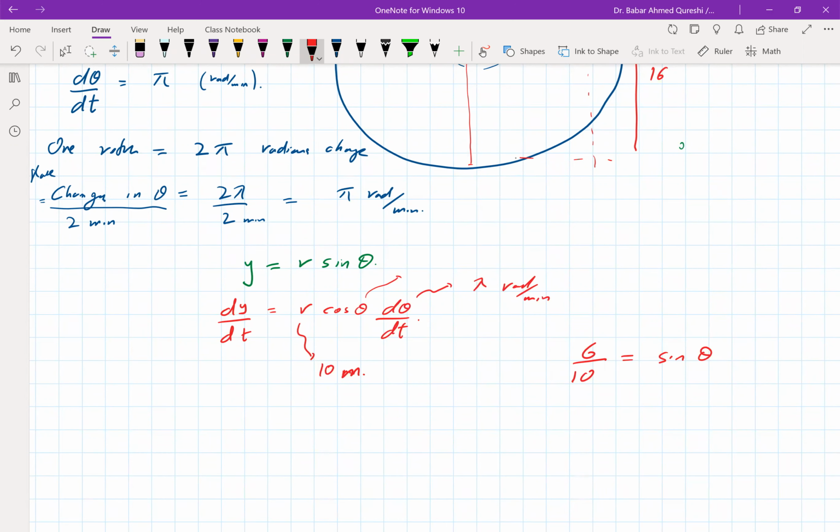So 6 over 10, so all I need is cosine theta. So cosine theta is the square root of 1 minus sine square theta.